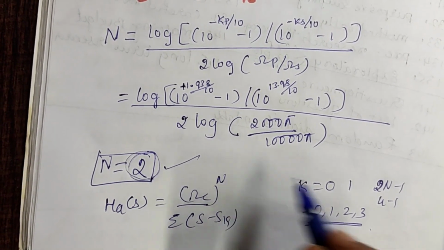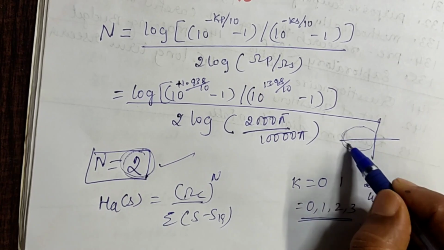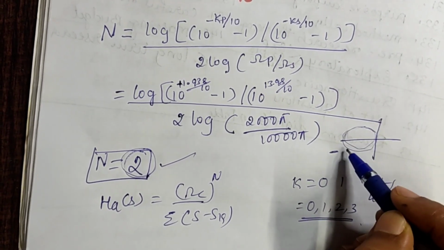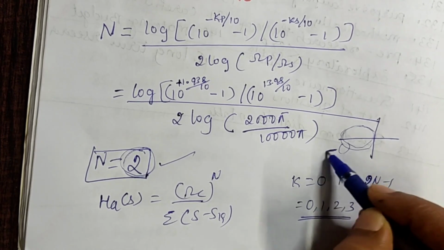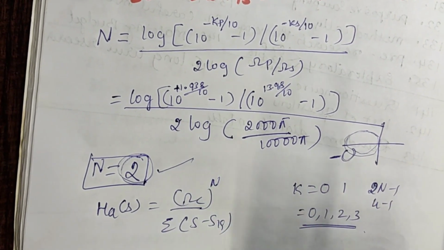How are we going to consider them? Poles which lie on the left side of the S plane, that is, those with negative values, we can consider here.